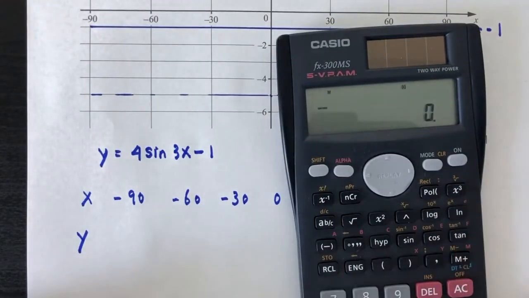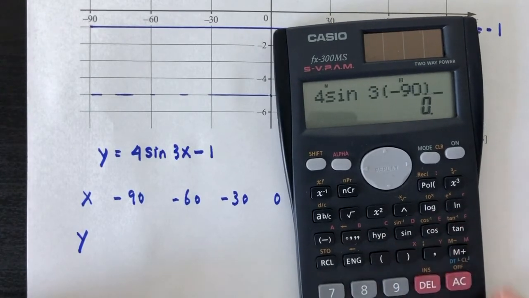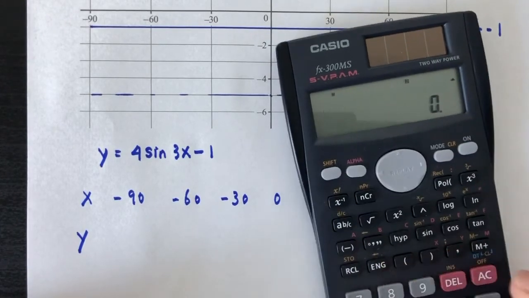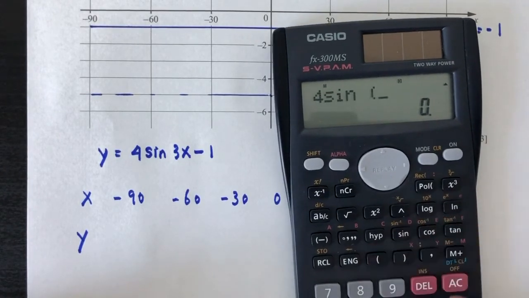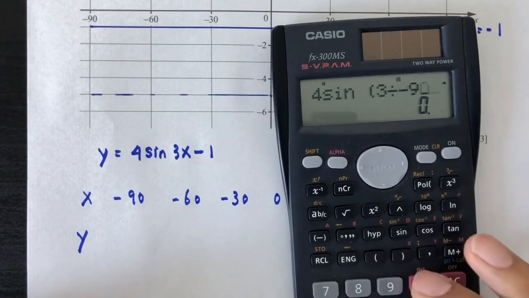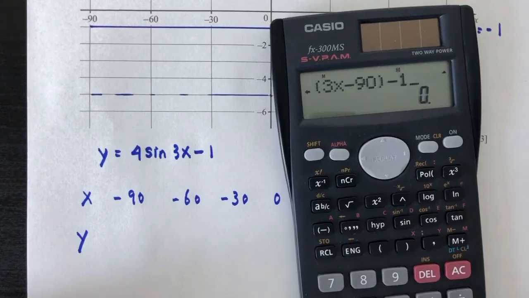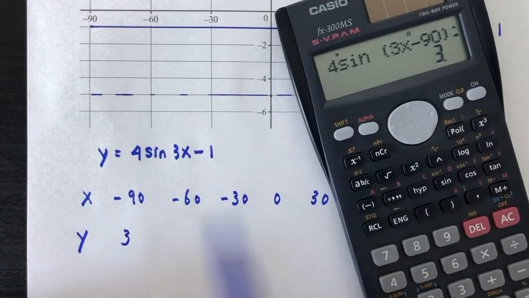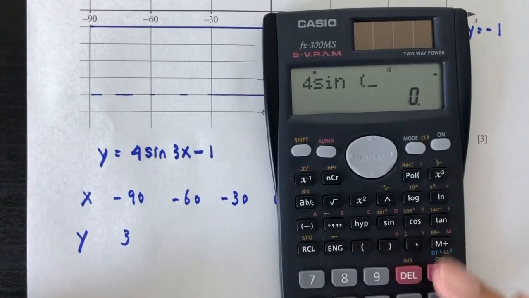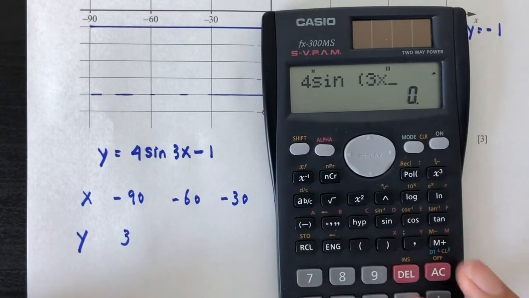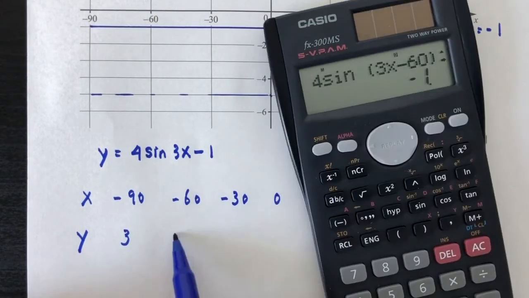So for the first one will be 4 sine 3 times minus 90 minus 1, that should be 3. Then we have minus 60. So 4 sine 3 times minus 60 minus 1, that should be minus 1.